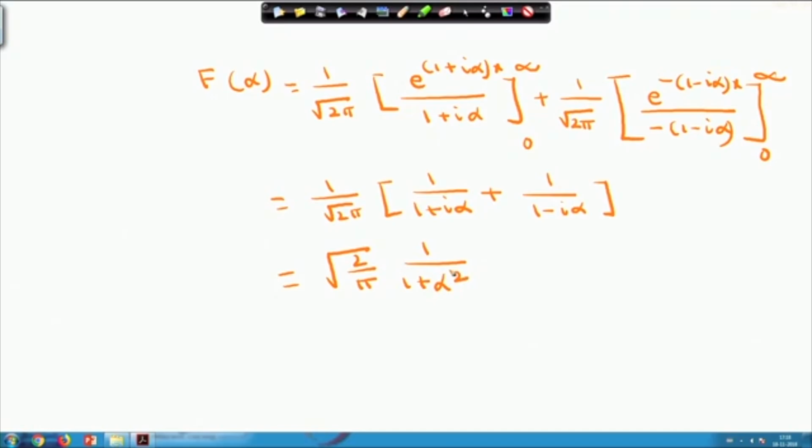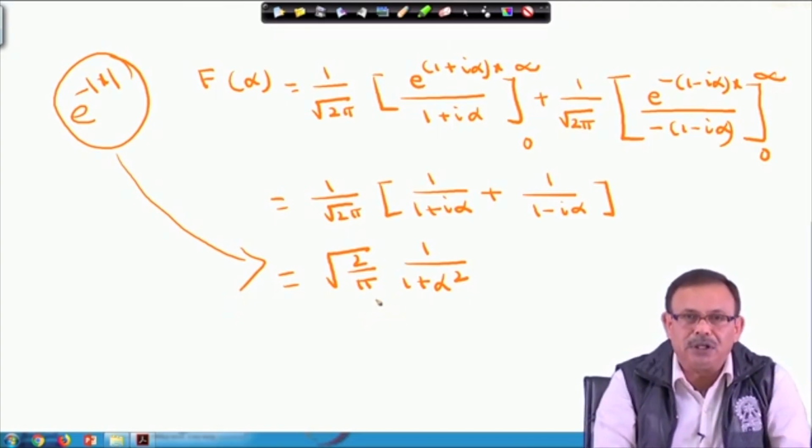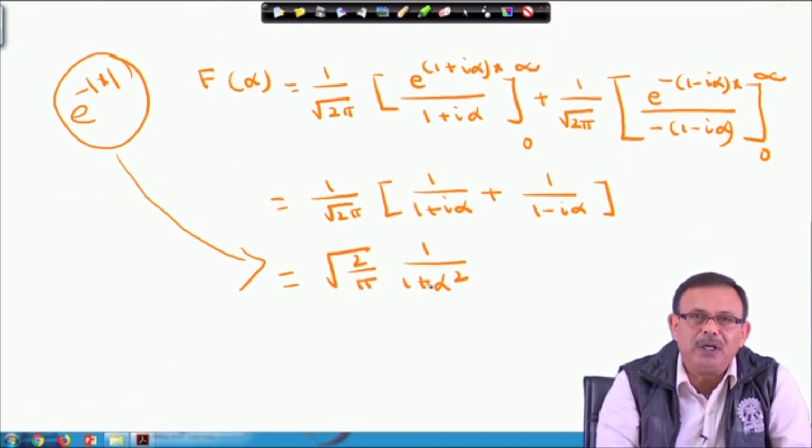So, please note that the Fourier transform of the function e power minus mod x is root over 2 by pi into 1 by 1 plus alpha square, and again I have to evaluate the value of an integral.